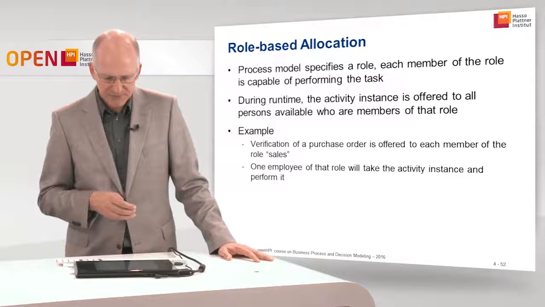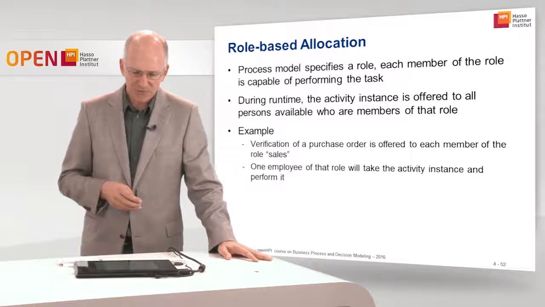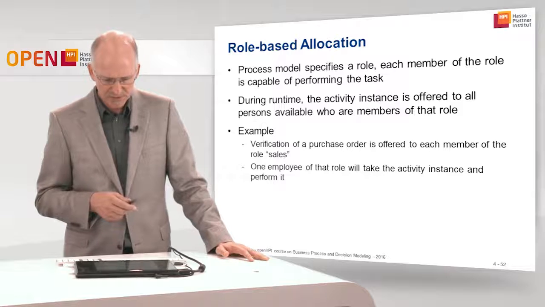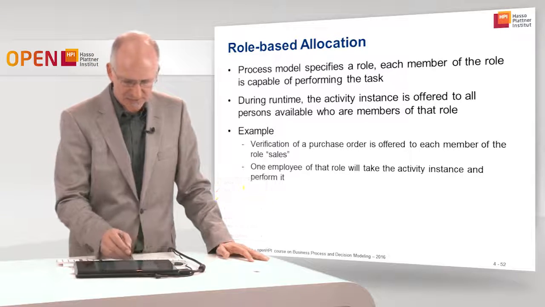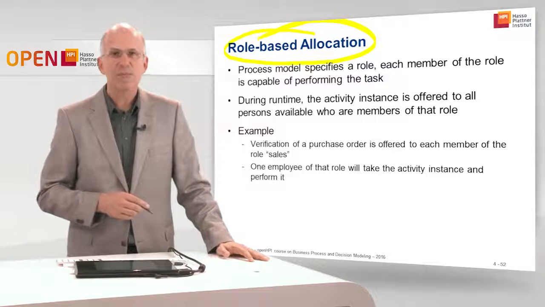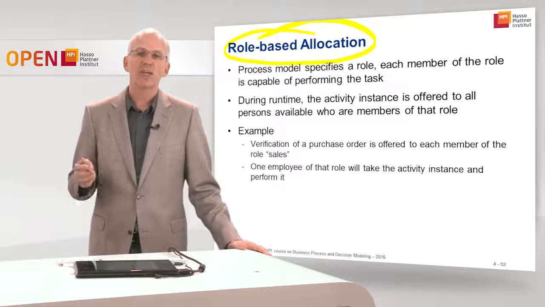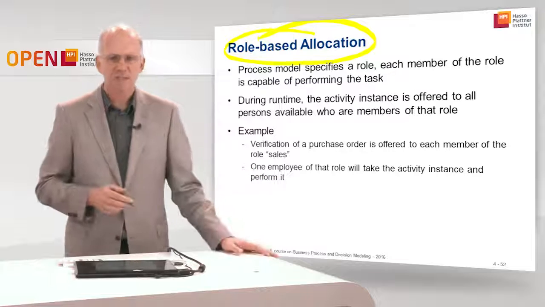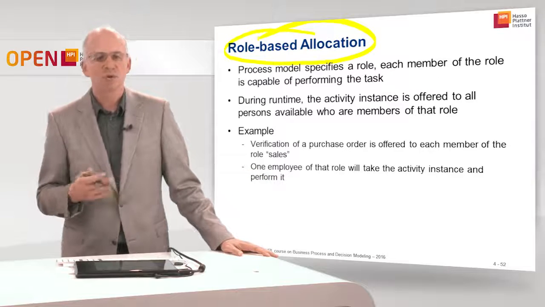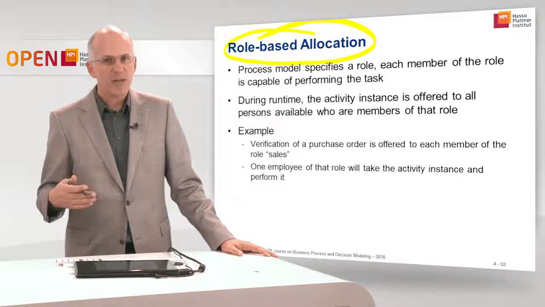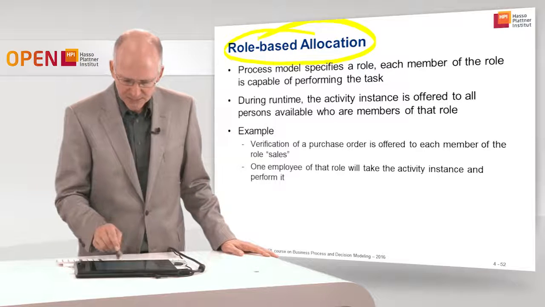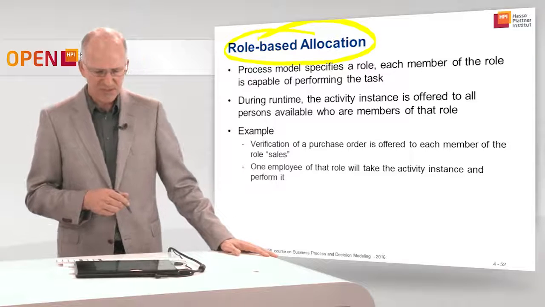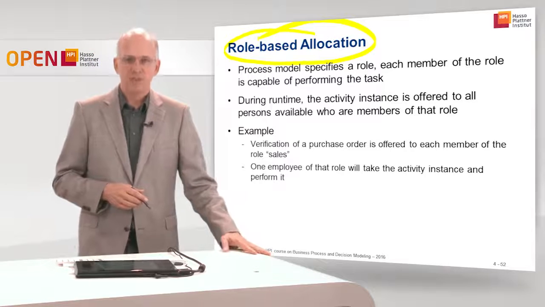During runtime, an activity instance is offered to all available members of that role. That is the first type of allocation, the role-based allocation, which we basically talked about before: the role sales, the role warehouse management, and so forth.